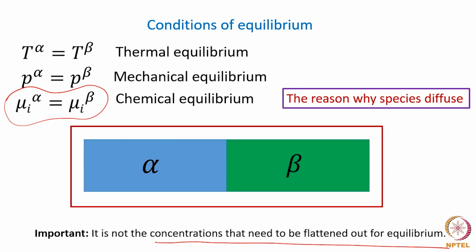We will see a subtle difference between these two in a later lesson, when we see under what circumstances equality of chemical potentials can be assumed to be basically equality of concentrations. But by and large we can see from here that chemical equilibrium requires that the chemical potentials have to be flattened out and not the concentrations.